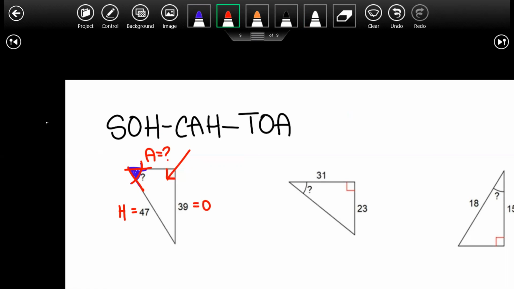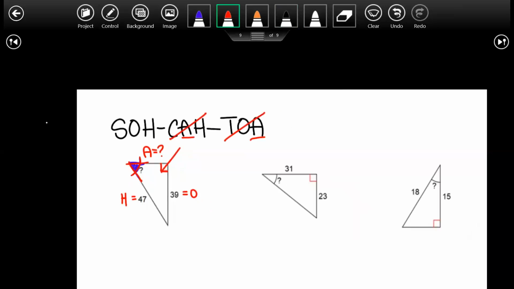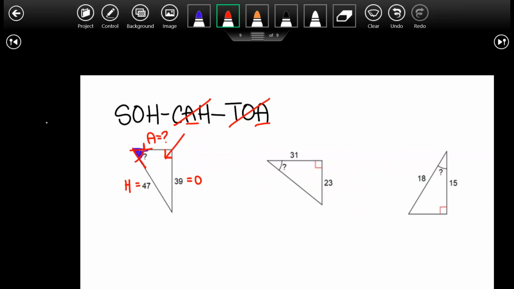To determine which one we use, what part of the information don't we have? So everything with A we do what to? Cross out. 2 of the 3 will be crossed out, leaving you only 1, which is? Sine. Sine of our angle, which I don't know what it is going to be, is the opposite over hypotenuse.